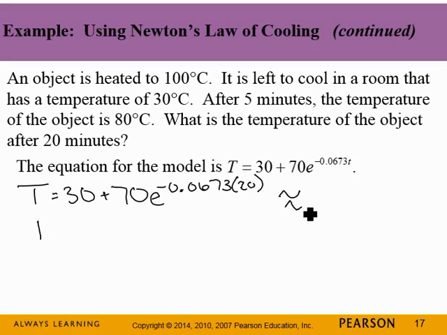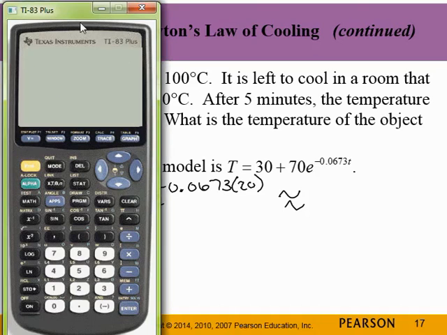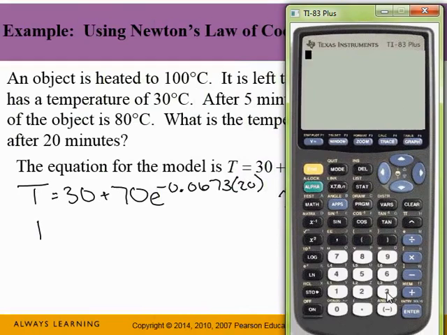If you plug that into a calculator, let's actually plug it in. So we have our calculator, and we're going to plug in our equation. So we have 30 plus 70 e, and we have negative 0.0673.